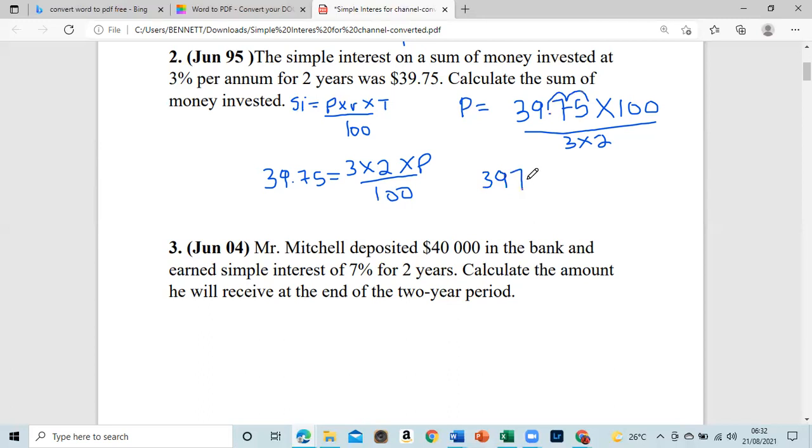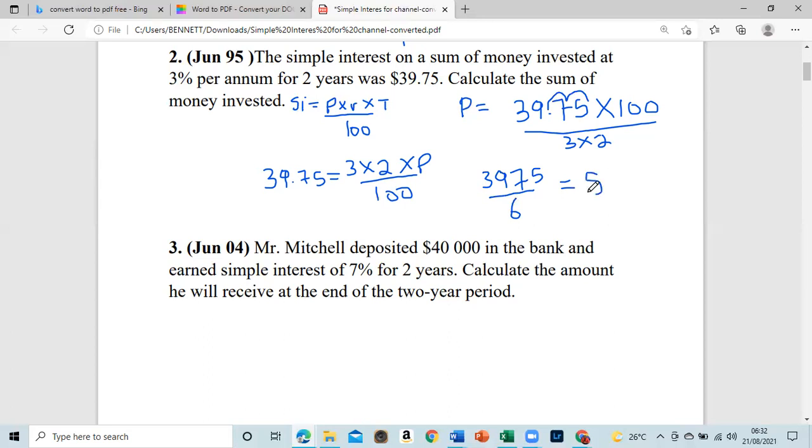So we get 3,975 divided by 6. And as you can imagine, guys, the principal would be rather a bigger number. And we get 662.50.